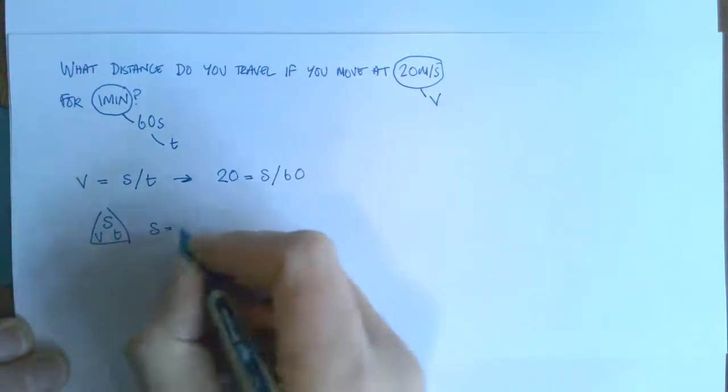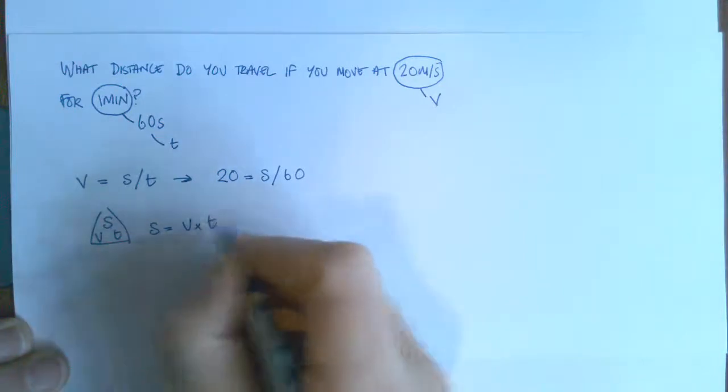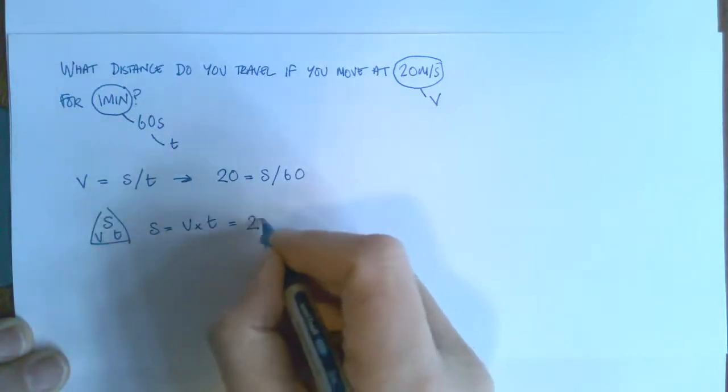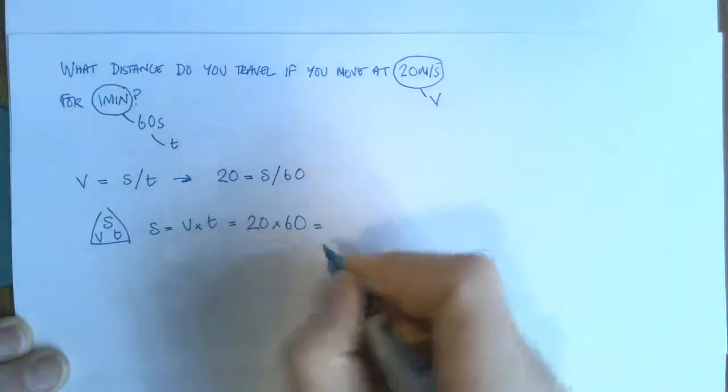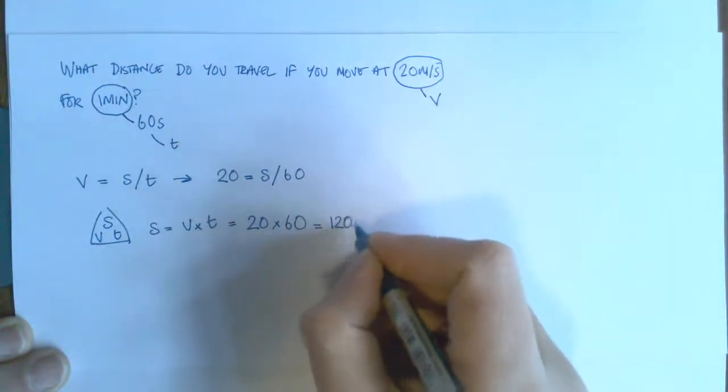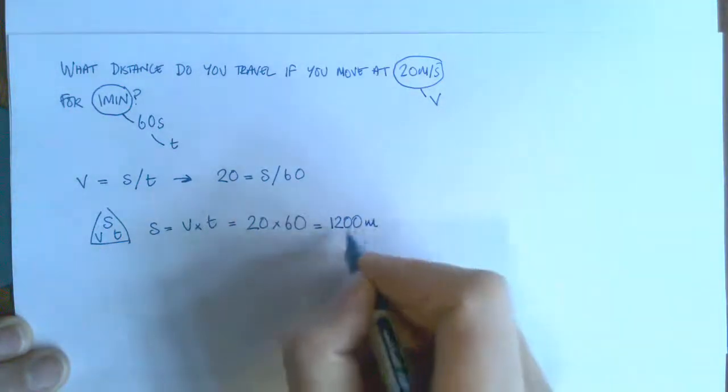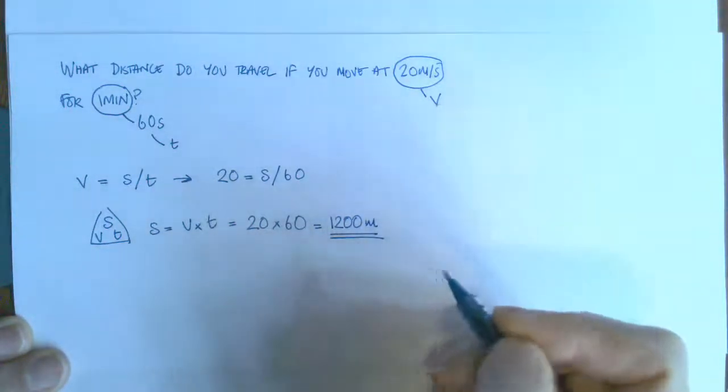So s equals v times t equals 20 times 60 equals 1,200 metres. Now you can practice some.